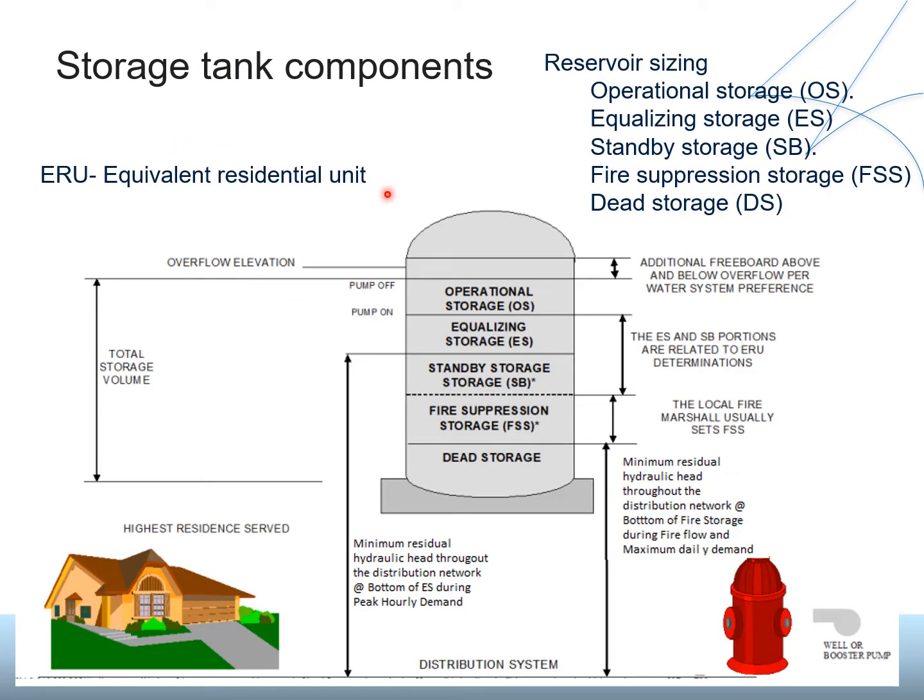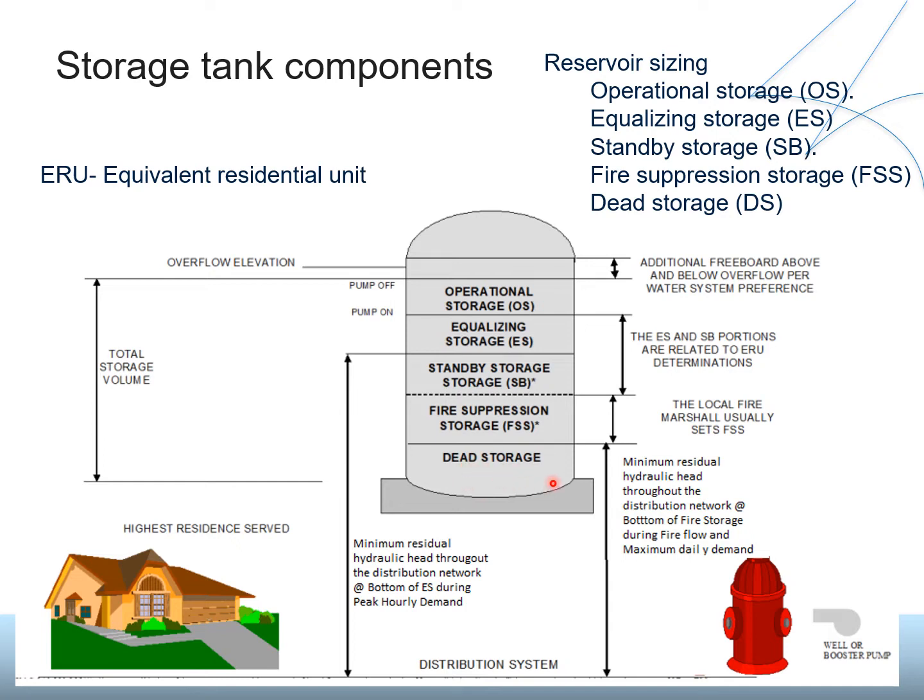Now this is a typical overview of the division of the different storage within the water storage system. This is not the actual compartments, but the whole storage tank can be divided into these different parts. So this bottom one is the dead storage. You don't get any water from that. Water from below this point you don't use to supply.